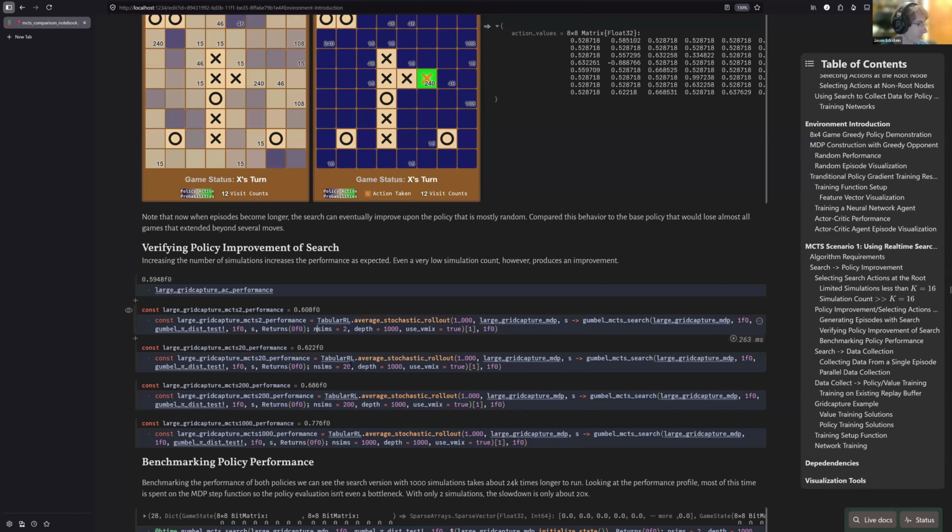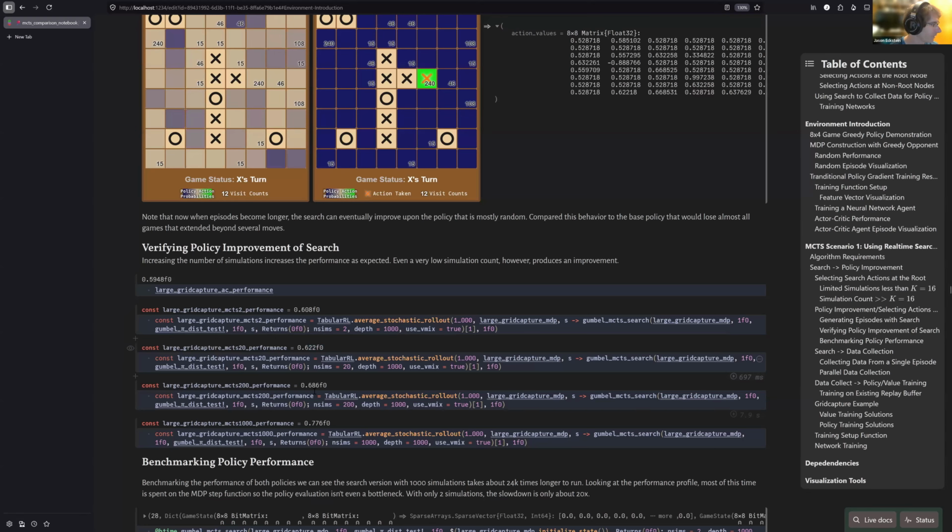So this is with just 2 simulations, 20, 200, and 1,000. We can see the initial performance is this. If we run the search with only 2 simulations, we don't really expect much of an improvement. But what's nice to see verified is that it doesn't ruin the performance, right? It's only leading to something comparable and maybe a slight improvement.